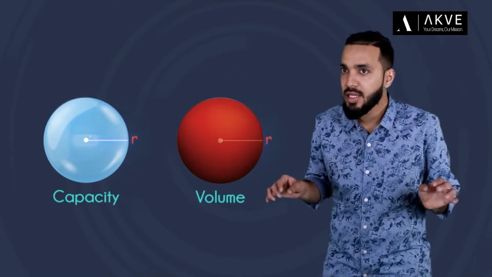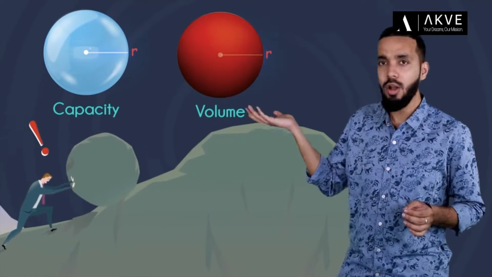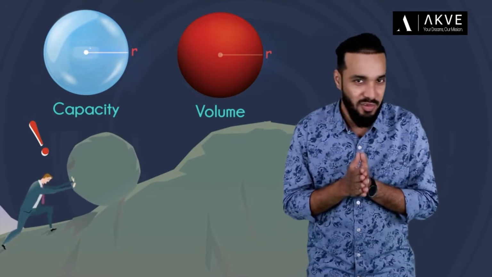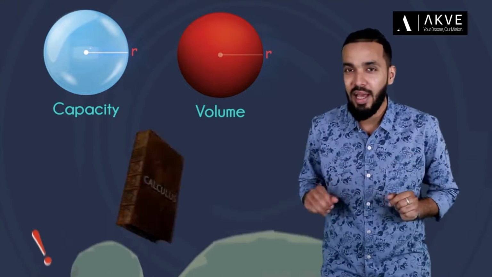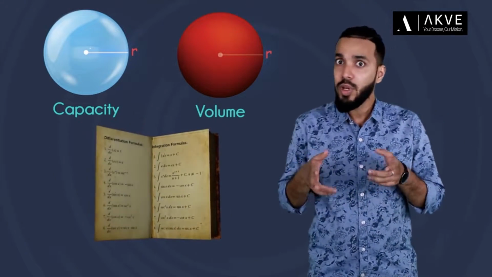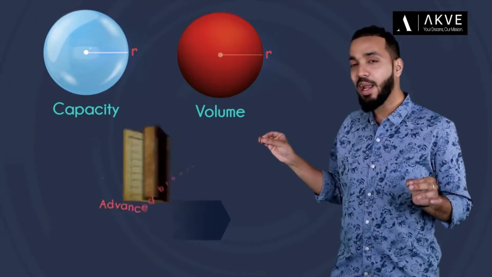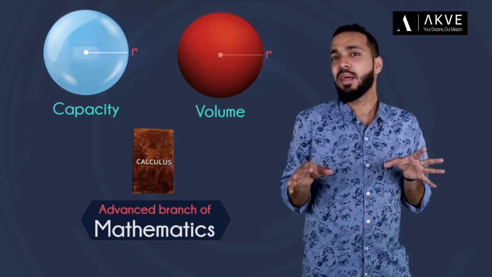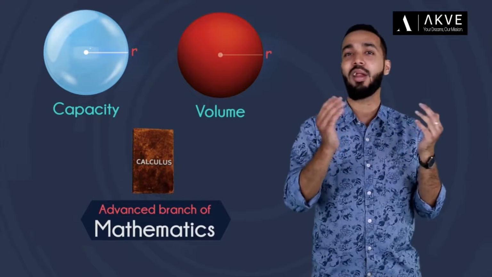But the problem is, finding the capacity or volume of a sphere isn't a piece of cake. Here too, we require the knowledge of calculus, which, as discussed earlier, is an advanced branch of mathematics, something you may be learning in your higher classes.